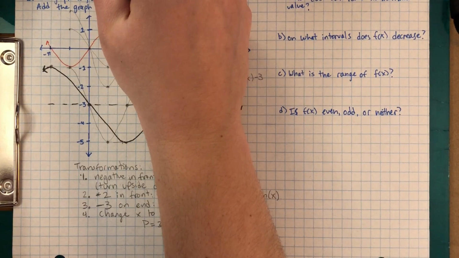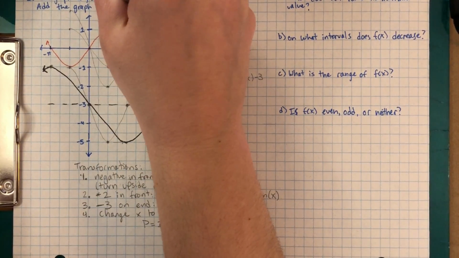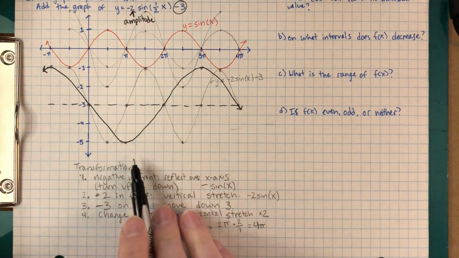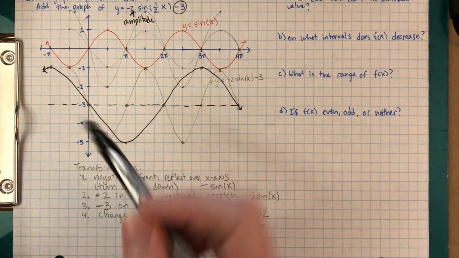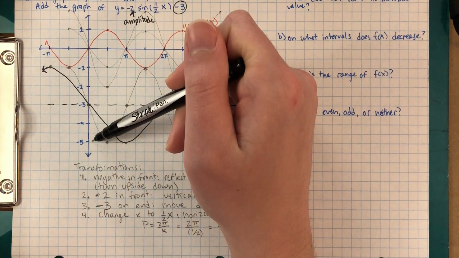This number is called the amplitude, and that tells us how far above or below that midline we get. So from -3, we go up to -1 and down to -5.